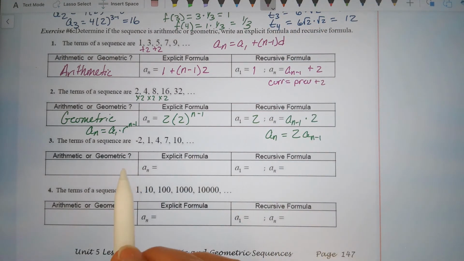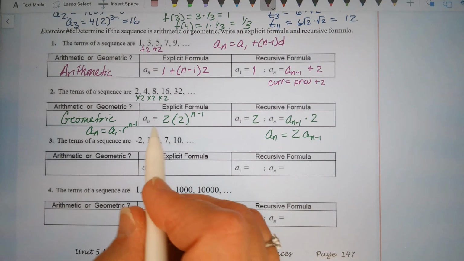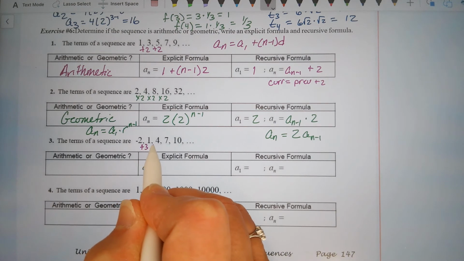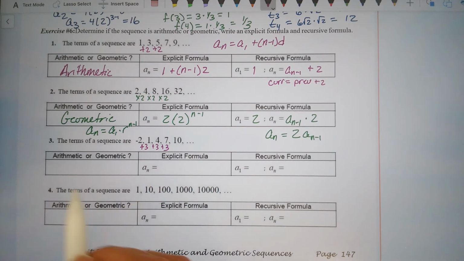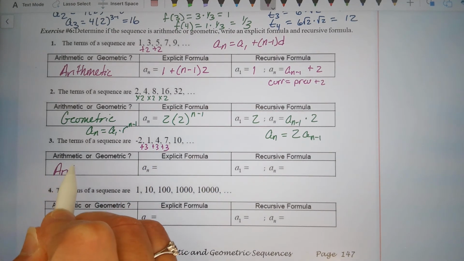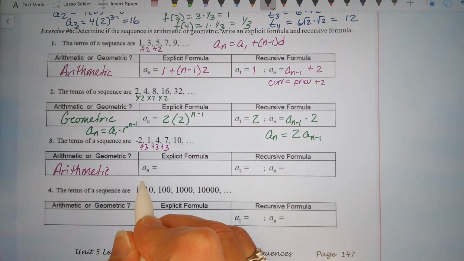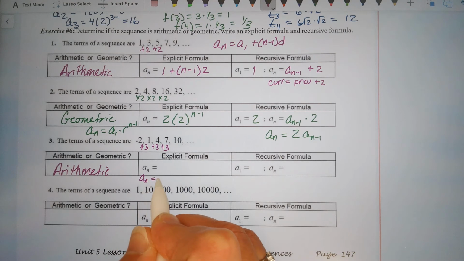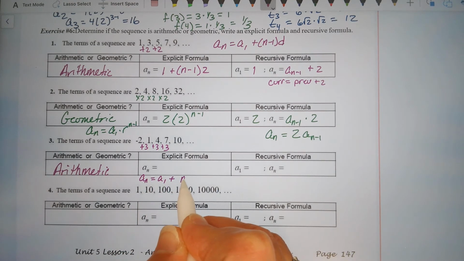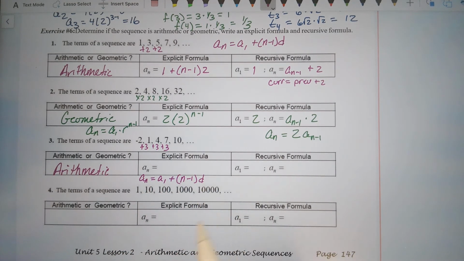Next, we've got negative 2, 1. I see addition of 3 here. Adding 3. So that means it's arithmetic. A sub n equals a sub 1 plus n minus 1 times d.